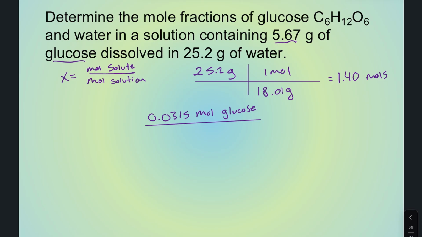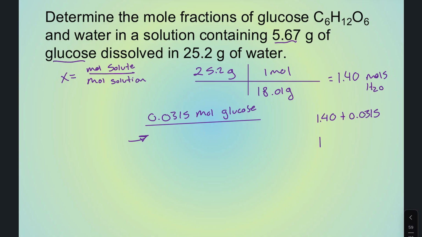Now we're not done yet because we need to find what we're going to put down here. The moles of solution is not just the moles of water. It is the moles of water added to the moles of the solute. So that's going to be 1.40 plus 0.0315.